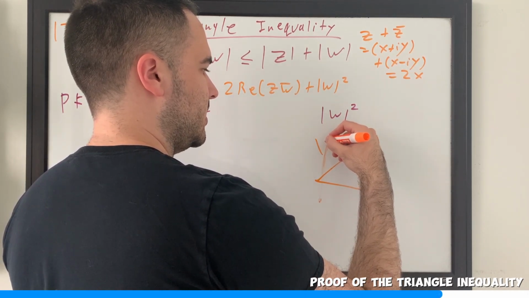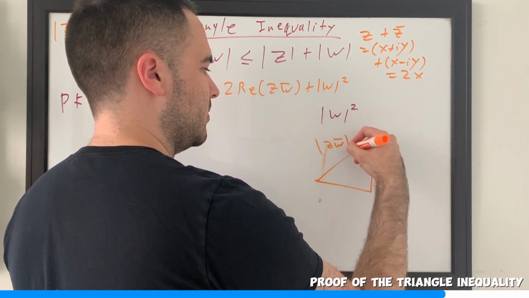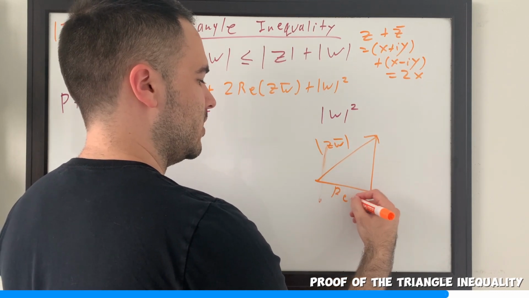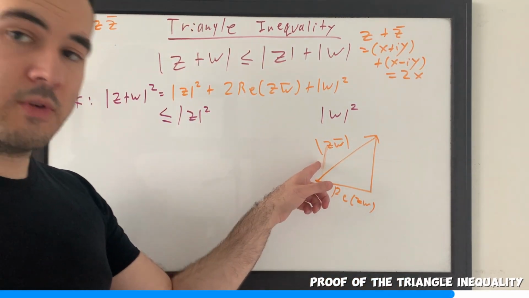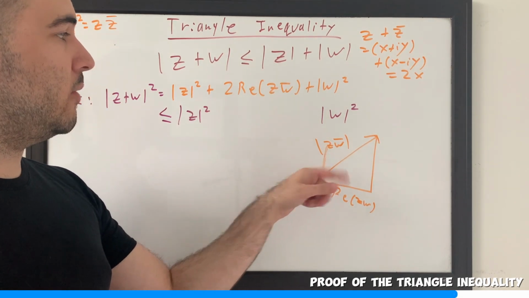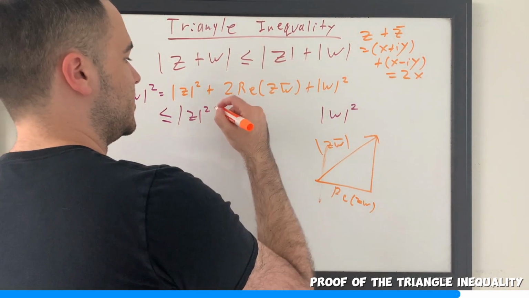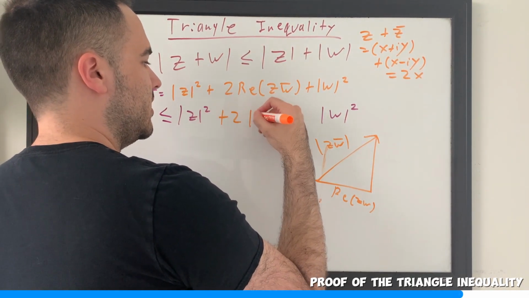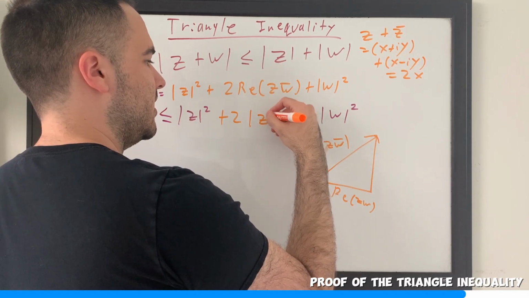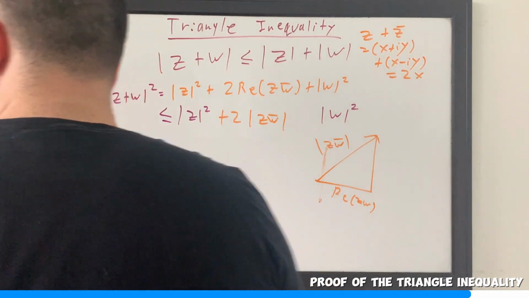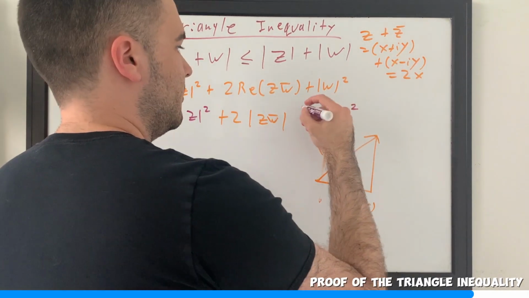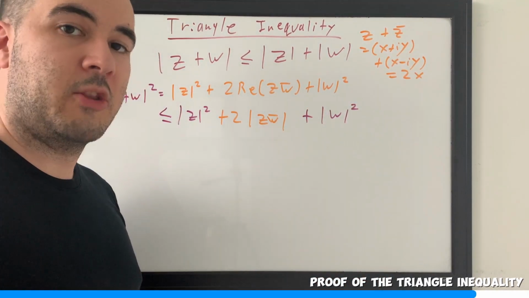So right now this is the modulus of z times the conjugate of w, and this is the real part of it. We know from the hypotenuse that the modulus always has to be greater. So this is less than or equal to 2 times the modulus of z times the conjugate of w. Now that's our first trick.